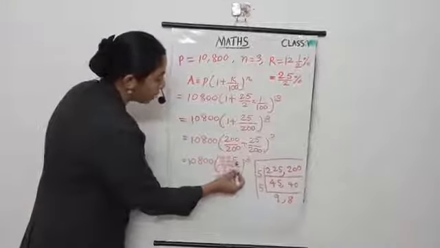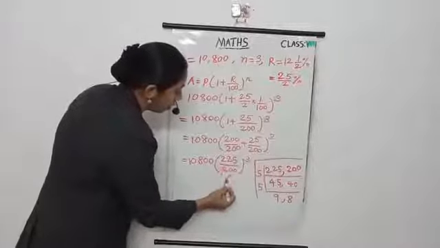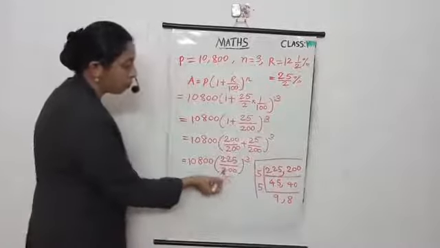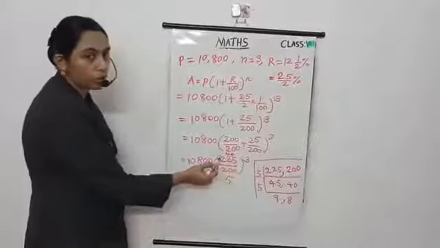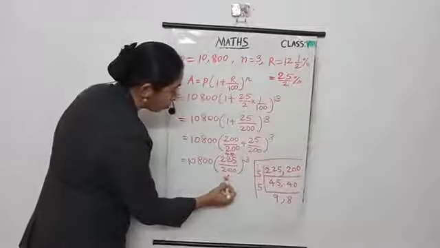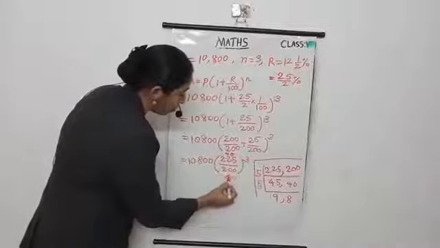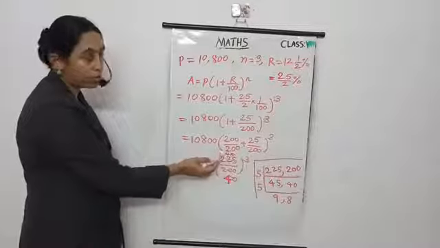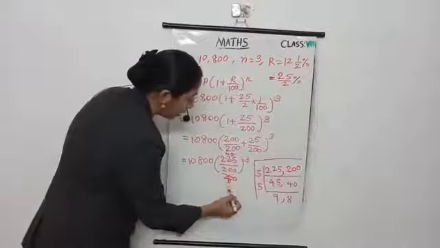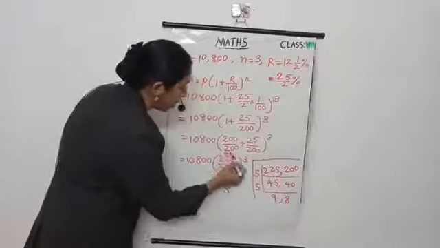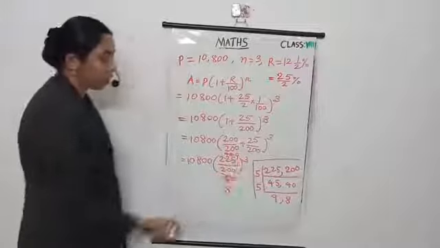Otherwise you can cut here only: 5 into 40 is 200, 45 into 5 is 225. Again with the 5, 8 and 9: 8 fives are 40, 9 fives are 45.